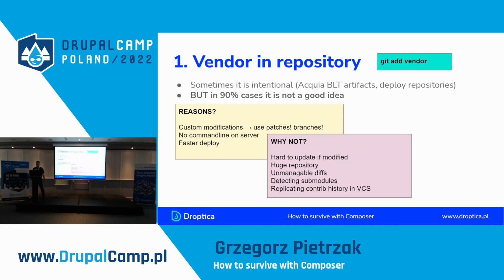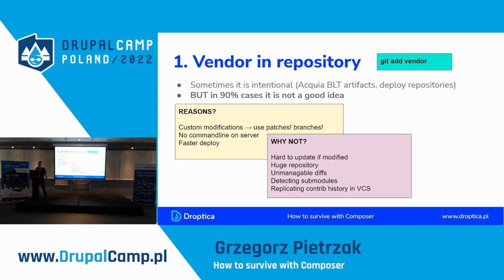Sometimes people don't have command line on the server. They don't want Composer on the production site. They want faster deploys, but they are using only one repository for that. They are putting everything inside. And this is very bad because the repository becomes huge. The differences in this repository are not manageable at all.